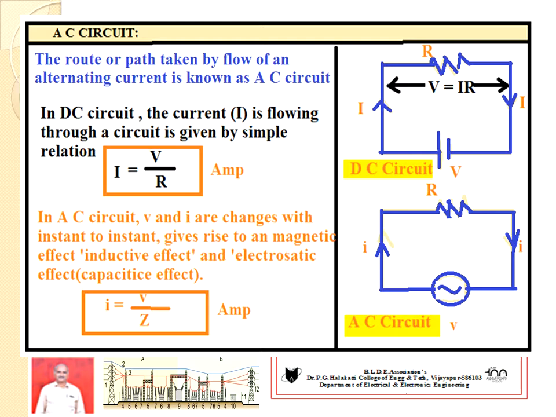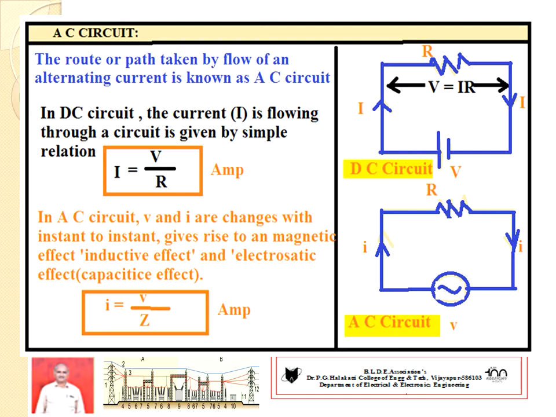Similarly, as DC current flows with the help of a DC voltage source, due to application of an AC voltage source, if the instantaneous voltage is v equal to Vm sin omega t, then instantaneous current i ampere will flow through the circuit as shown in the figure.